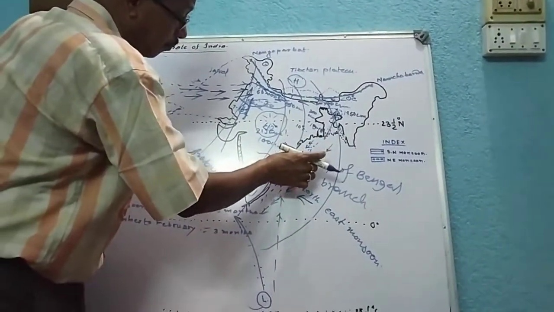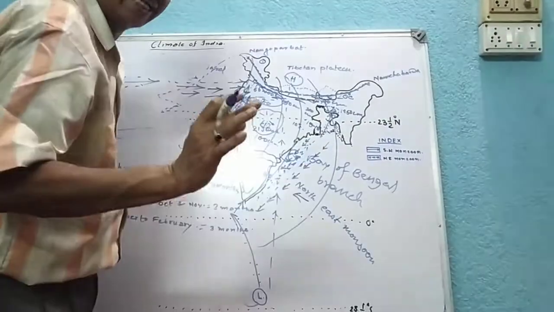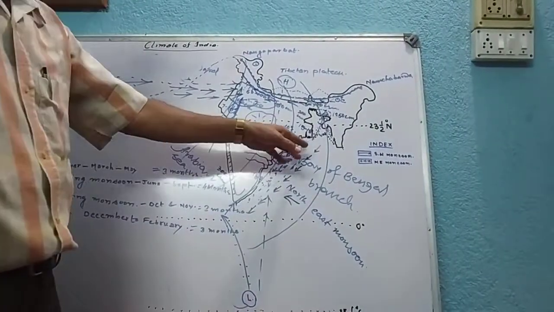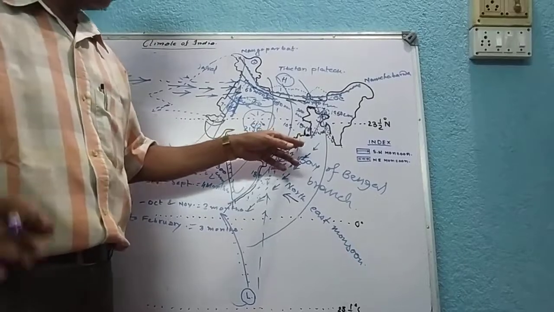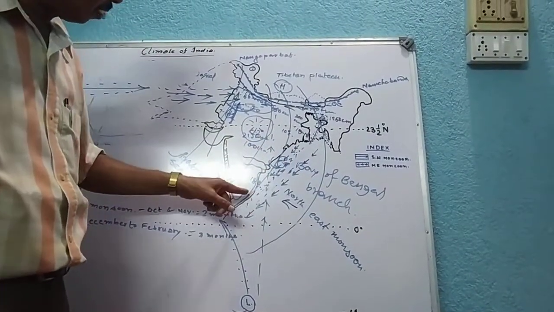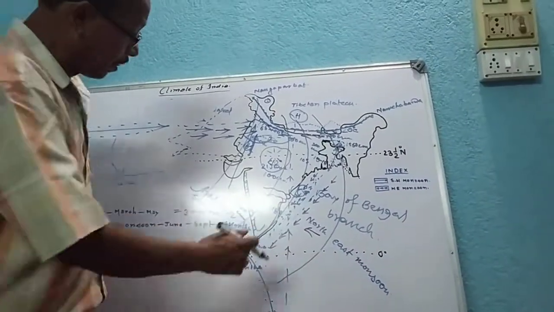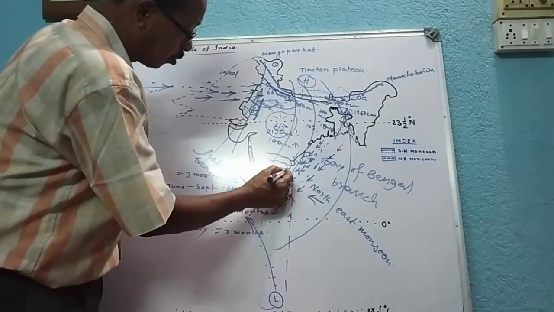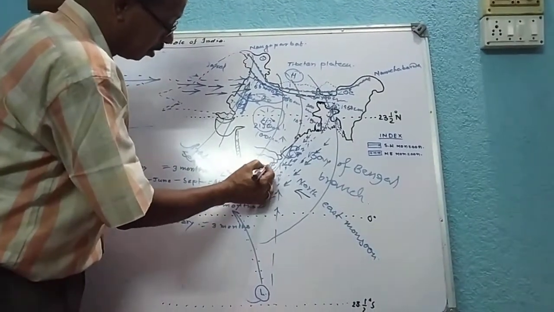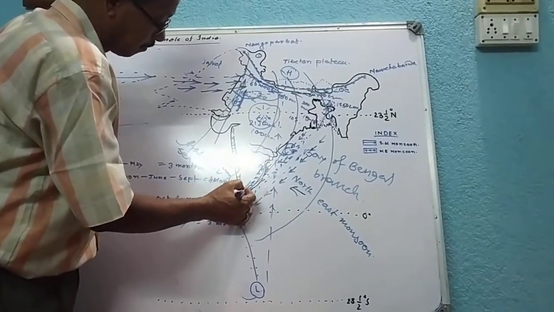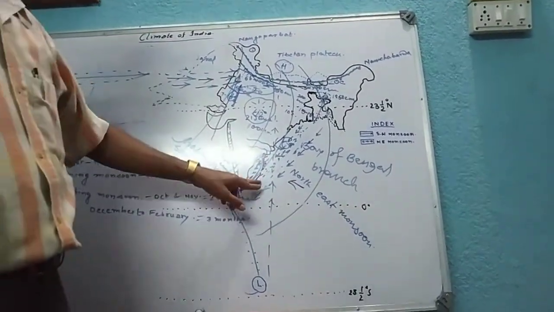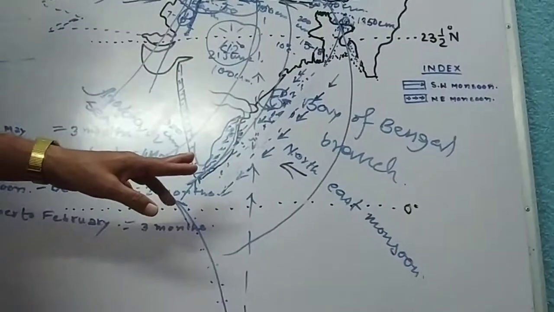receives moisture from the Bay of Bengal gradually. After leaving the landmass, it blows over the ocean, and with the increasing temperature, it retains moisture and causes rainfall. You see, in the coast of Coromandel, this area receives rainfall twice in a year. Okay, it is one kind of cyclonic rainfall also.